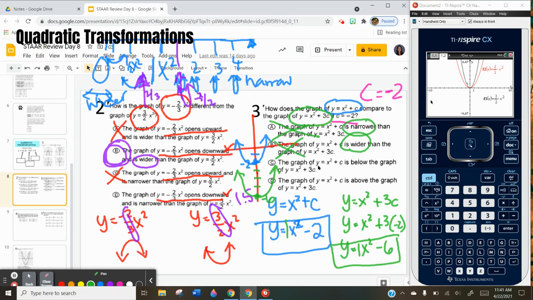C says the first graph, the blue one, is below the second one. That's not true either. D says the graph of y equals x squared plus c, the blue graph, is above the green graph. That is true. This first one that I drew is above the second one, which is down here.